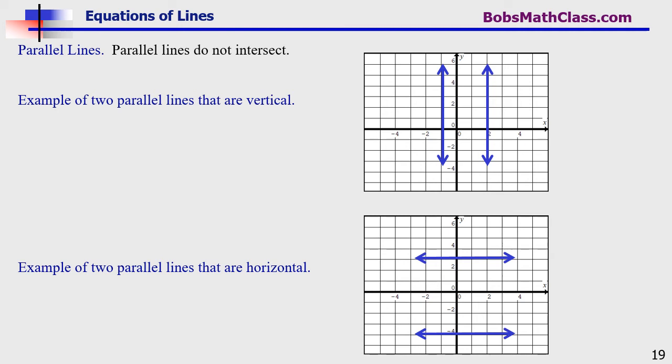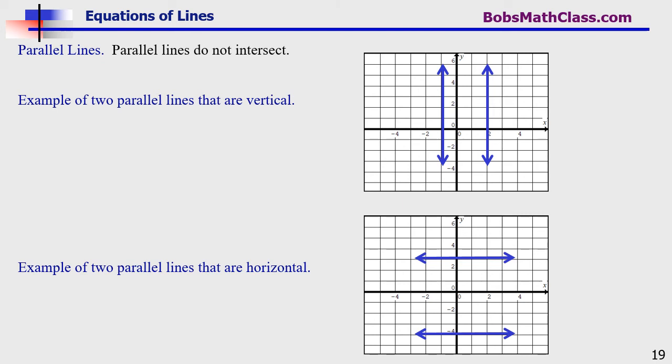And how about the bottom image? Those are also two parallel lines, but those are both horizontal lines. So just looking at two vertical lines are parallel, and two horizontal lines are also parallel.